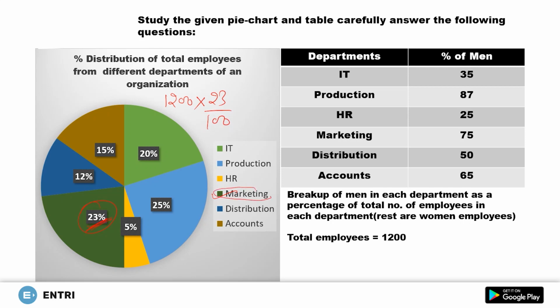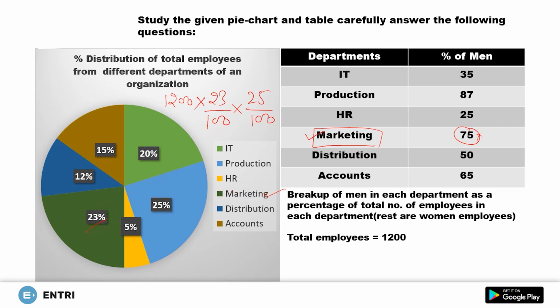So you have calculated the population of the marketing department. Okay, now you have to calculate the females. Now go to the marketing department. You have in the marketing department 75% male. So what are females? You will say 25% are female. Okay, so if you calculate this, you will get the number of females in the marketing department.